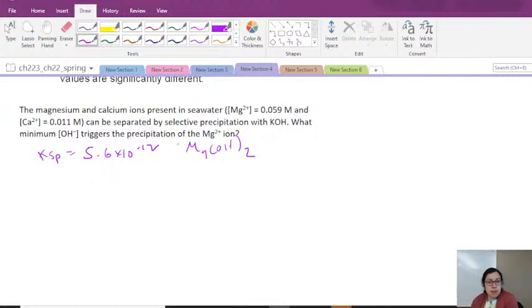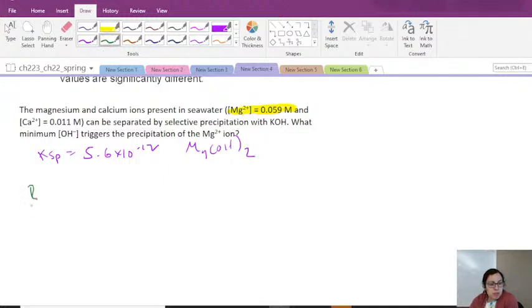So what can we do after this? We're at least given magnesium concentration. And then you were saying something, what were you saying about? So the KSP has to, I don't know.